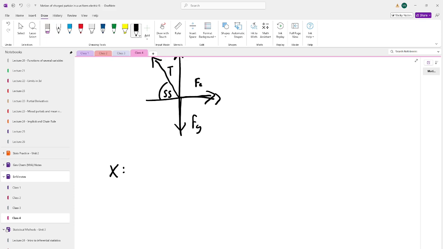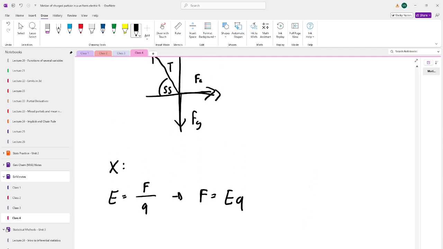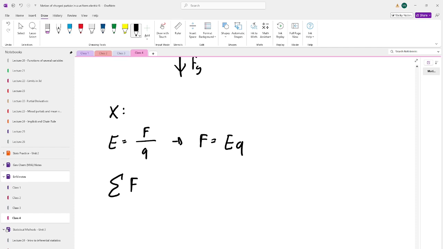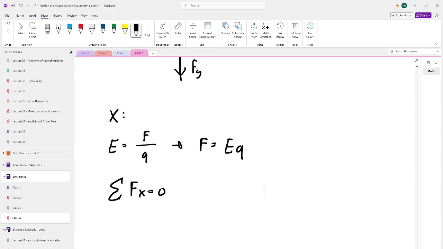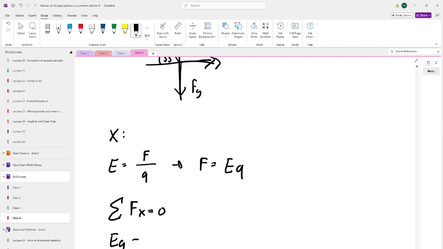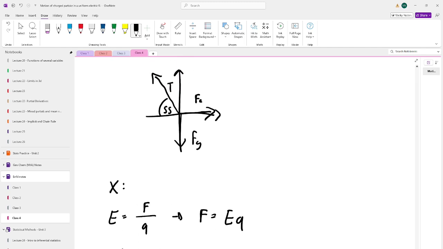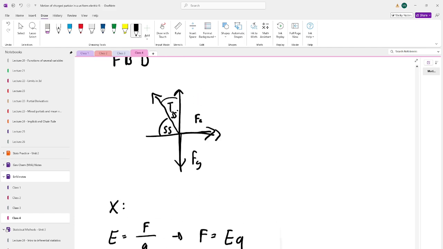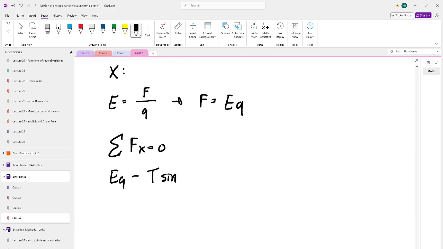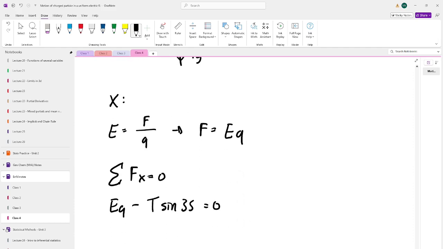But we know now that the electric field is defined as F over Q. So if I want to solve for F, I get that F is equal to E times Q. So in my equation of force, which says that all the forces in X should be equal to 0 because we're at equilibrium, and this is the equation that you get from mechanics, you would get that EQ minus the tension force, and this is 35, so I want the X component of that, so it'd be T sine of 35, must be equal to 0.